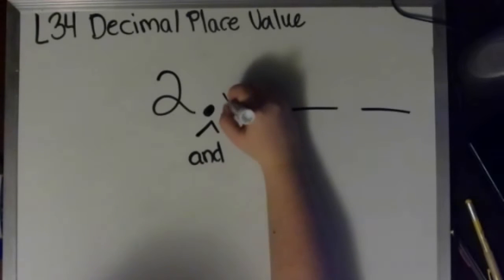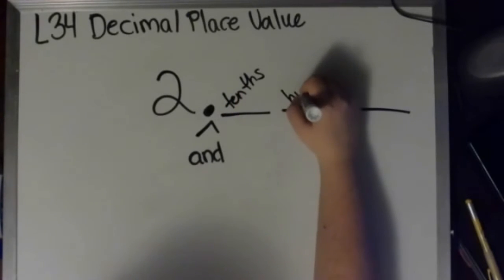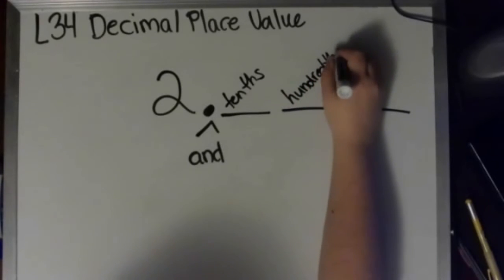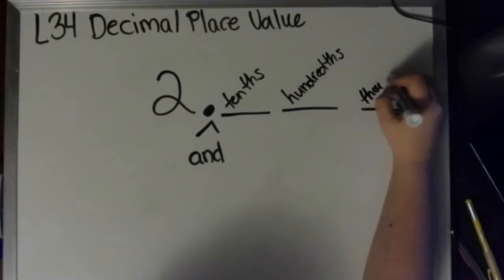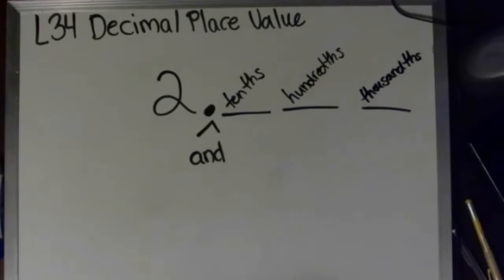This one is the tenths, hundredths, thousandths. Kind of makes it sound like you have a lisp. So we say tenths, hundredths, thousandths.